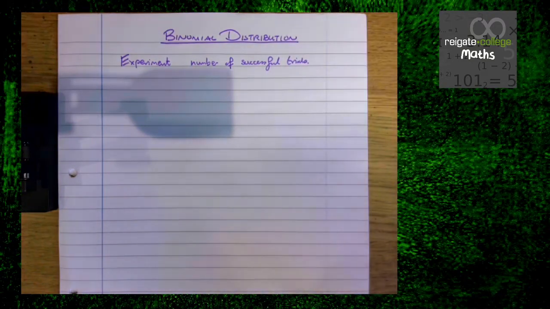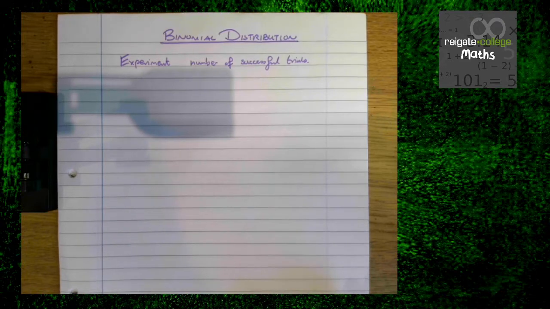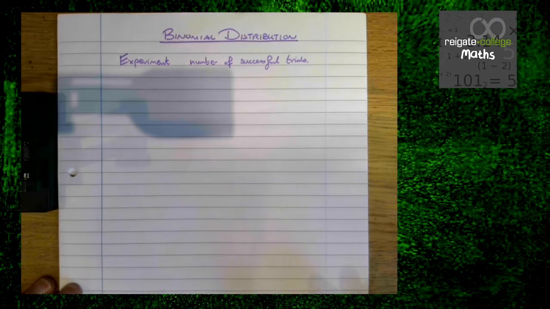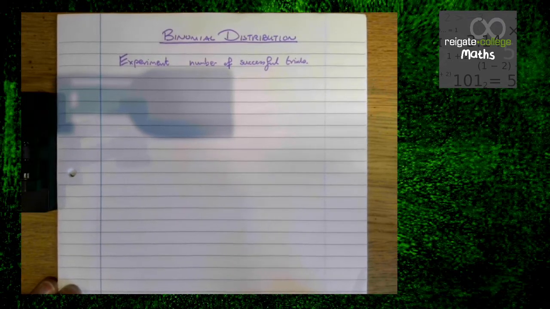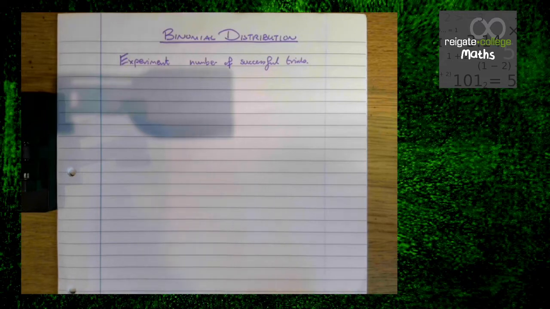So what we're doing is we're repeating an experiment a bunch of times, and we are looking for the chance of getting a number of successful trials. Now, this is not specifically binomial. For this to be modeled using a binomial formula or format, there need to be a specific set of restrictions.